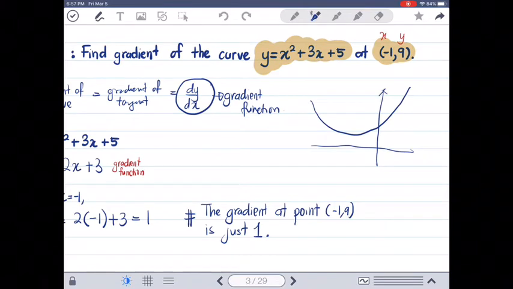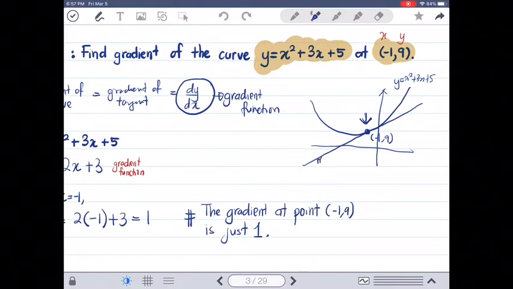So this is the point (-1, 9). We want to find the gradient of this point. Say this is y equals x squared plus 3x plus 5. This is just equals to the gradient of the tangent that passes through that point.